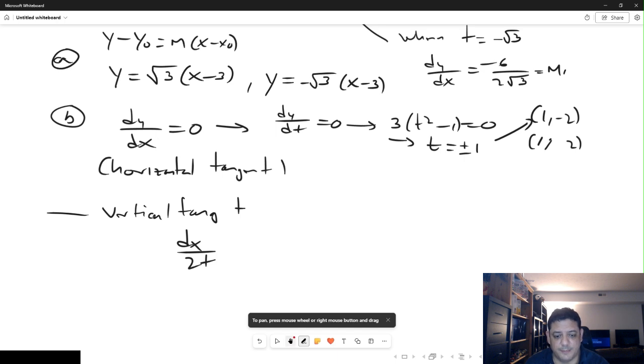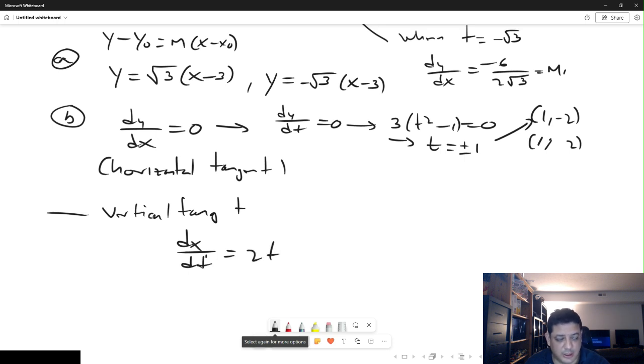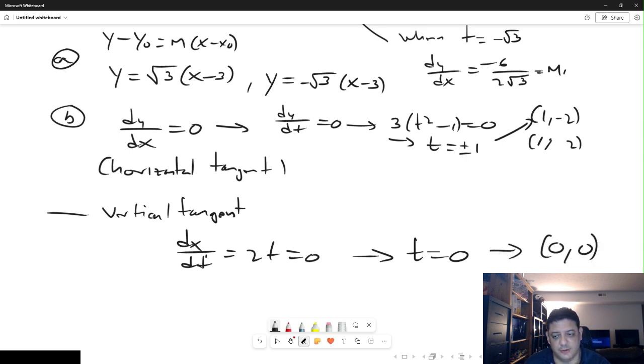So the dx/dt, which is equal to 2t, is going to be equal to 0. So this is just implying that t equals 0 is the point where we're going to have the vertical tangent. And so this implies the corresponding point is just (0, 0).